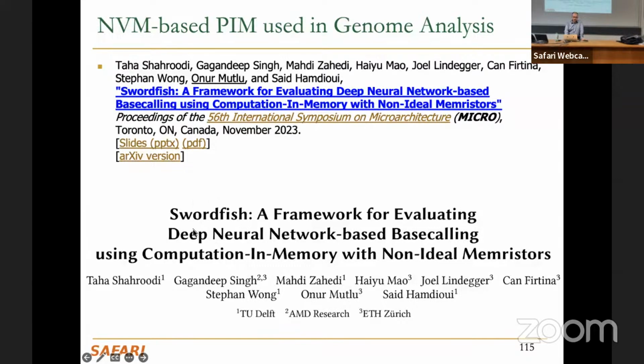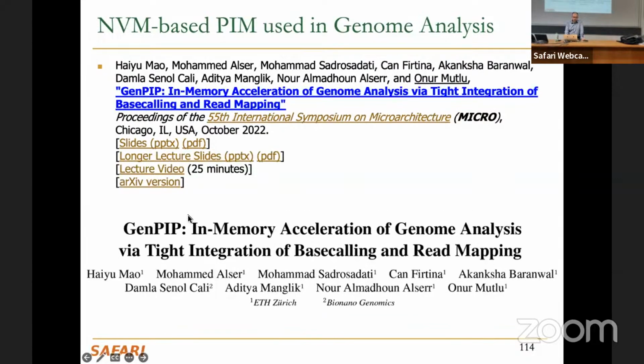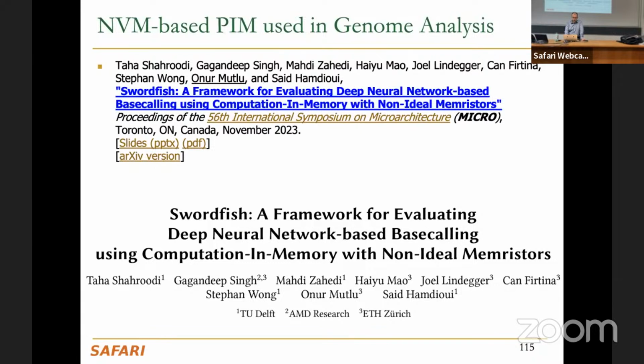This is quite interesting because people have used ReRAM a lot, these memory stores, for doing neural networks, for convolutional neural networks or applications like deep neural networks. But the problem is that these memory stores are non-ideal, and as a result, whenever you do computation, you have some errors.